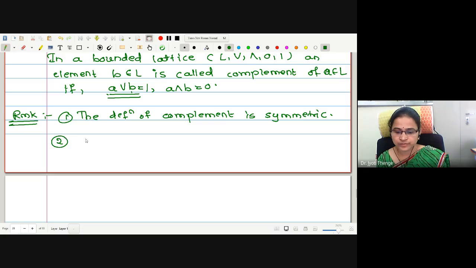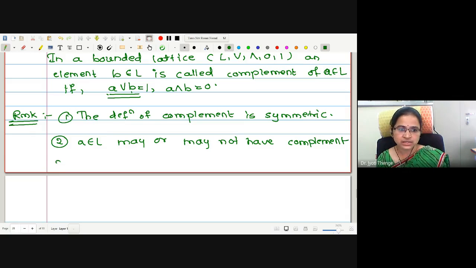Second one: an element may or may not have a complement. It belongs to M, and may or may not have a complement. Existence of a complement is not sure.